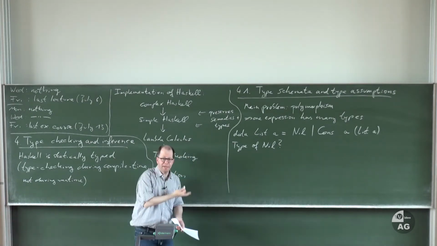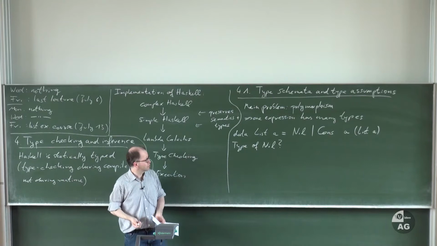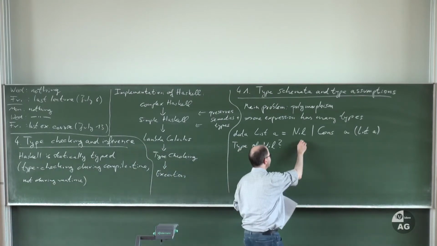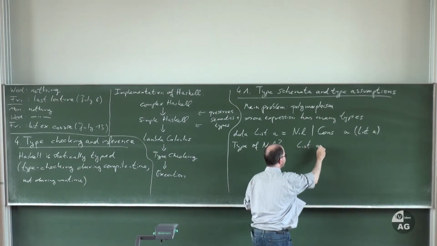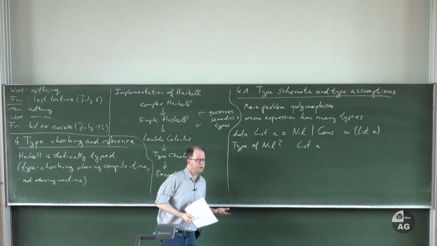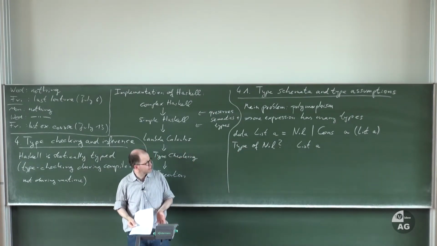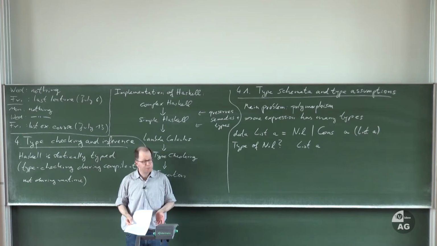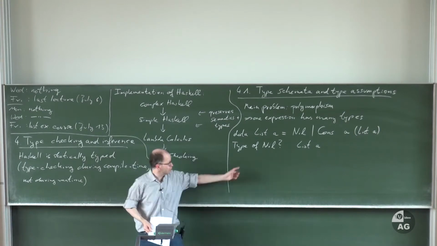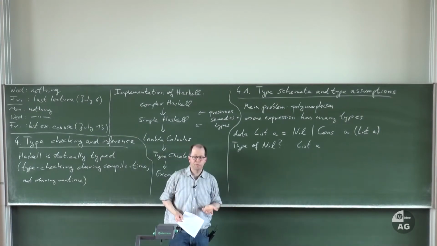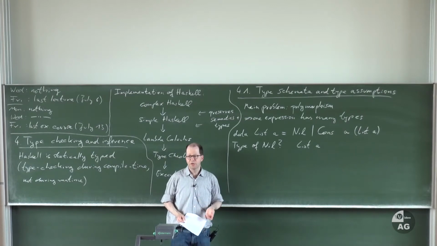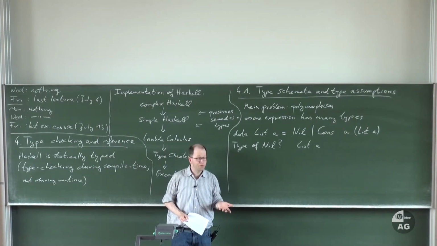Well, we would expect our type checker to return the answer, the type of nil is list A. Now, it's a list with arbitrary contents. So the elements in the list may have an arbitrary type A. But of course, you can also use nil at places where you expect a list of integers or a list of booleans. I mean, that's perfectly fine.